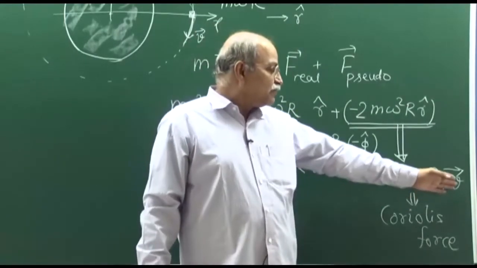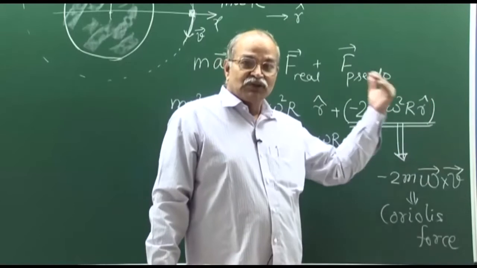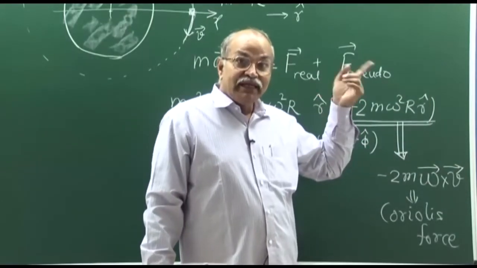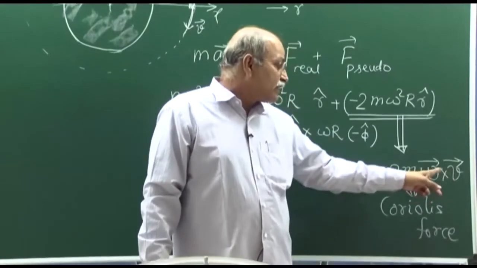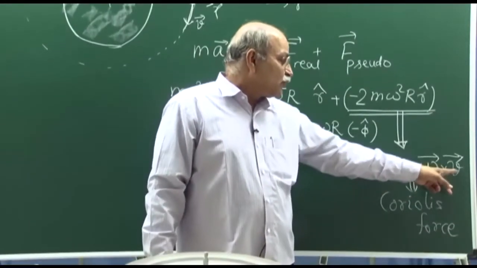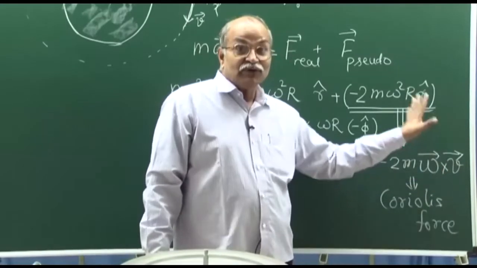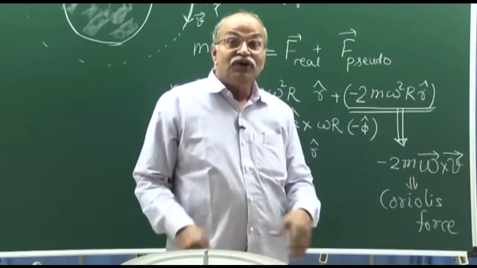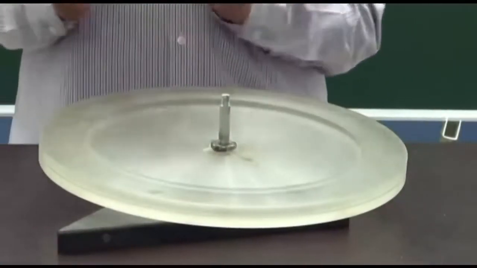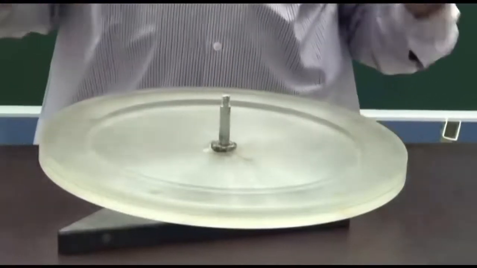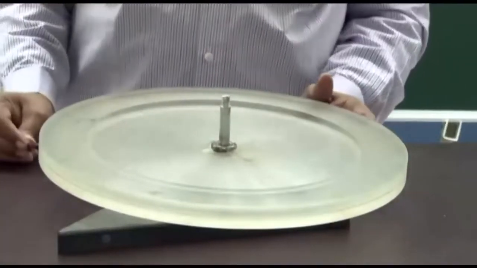The velocity of the particle with respect to the rotating frame is either 0 or parallel to this omega, so that omega cross v is 0, then Coriolis force is not needed, only centrifugal force will do. Okay, so let us do an experiment which will show the effect of Coriolis force.